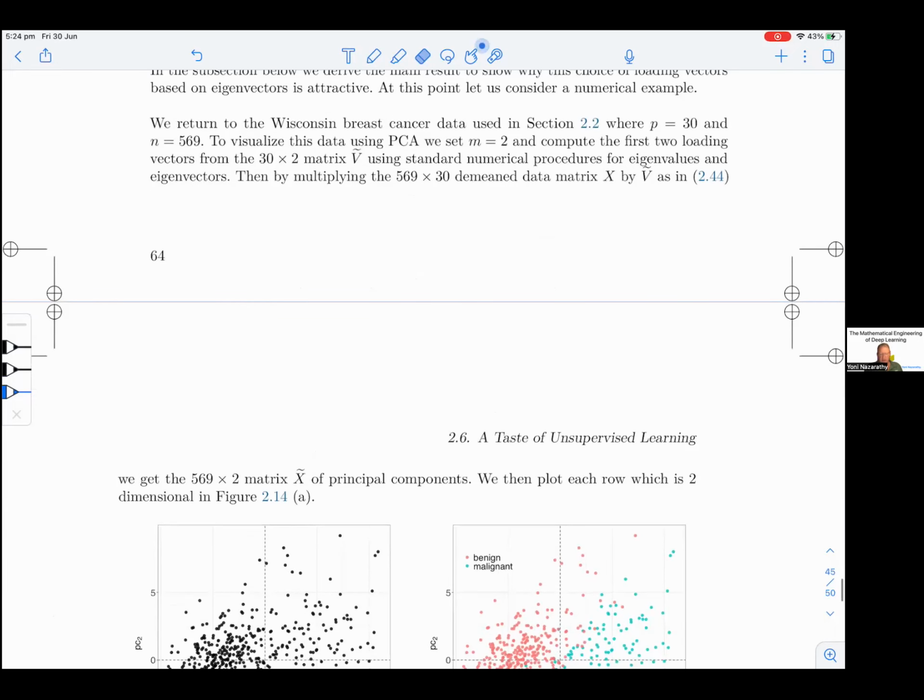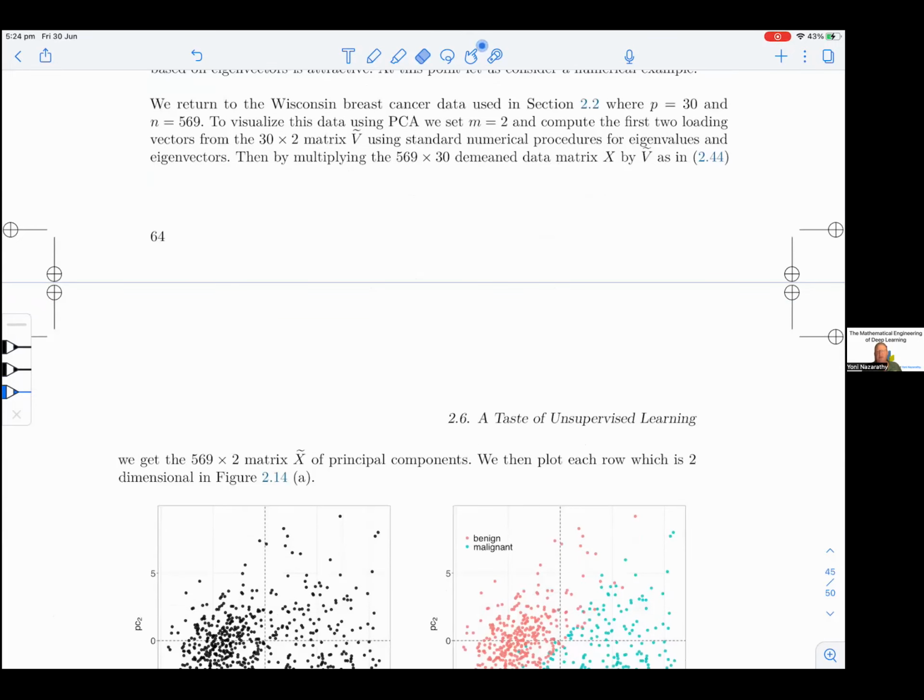We return to the Wisconsin breast cancer data used in section 2.2, where p equals 30 features, and n, the number of observations, is 569. To visualize this data using PCA, we set m equals 2 and compute the first two loading vectors, the 30 by 2 matrix V tilde, using standard numerical procedures for eigenvalues and eigenvectors.